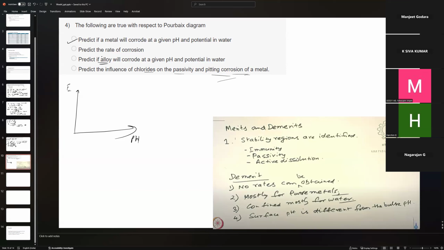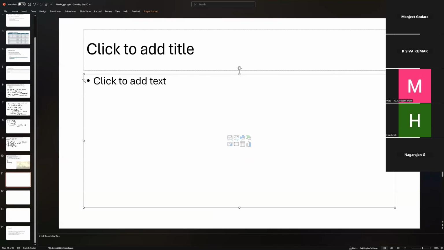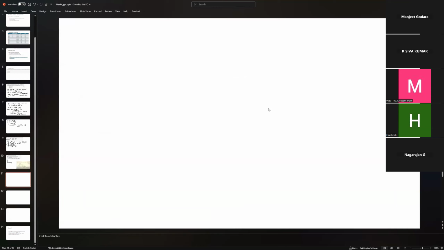It gives no information on the kinetics or the rate. It just tells us thermodynamically whether it will corrode or not.